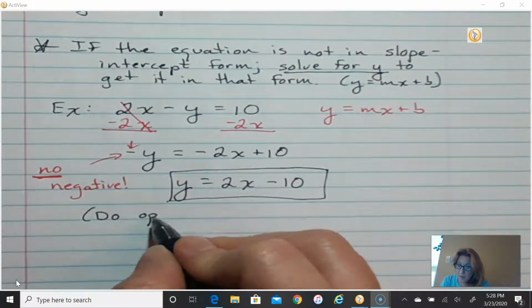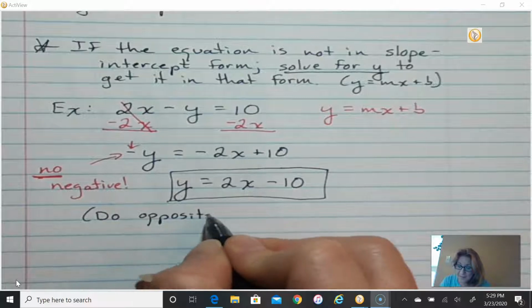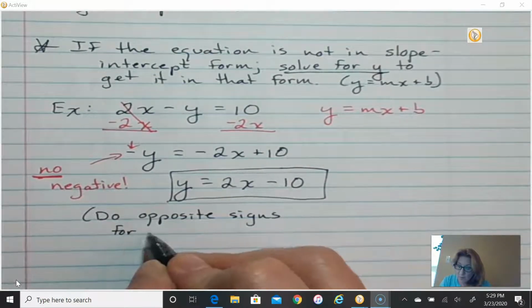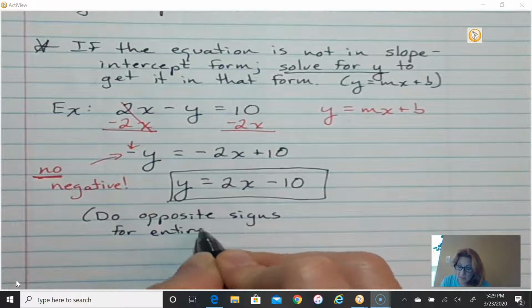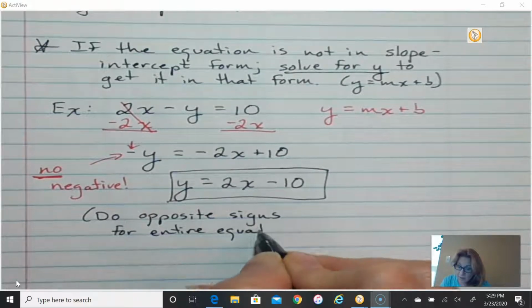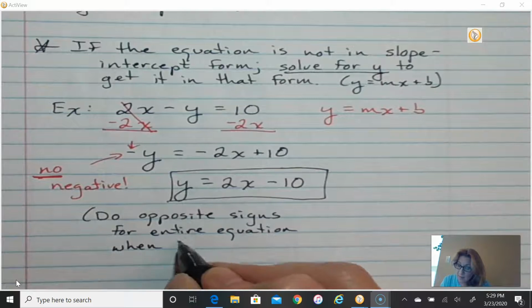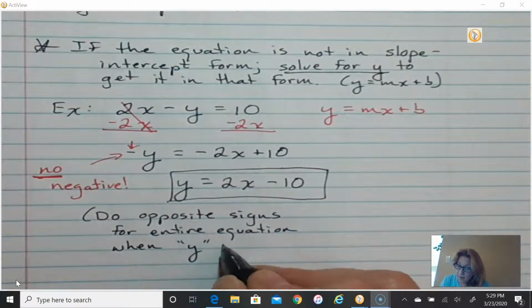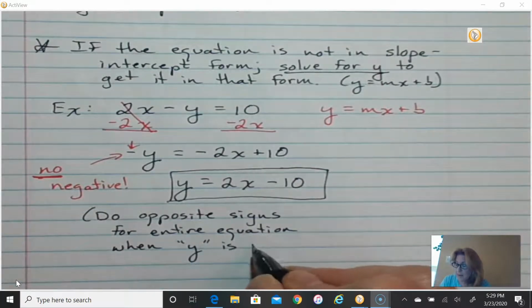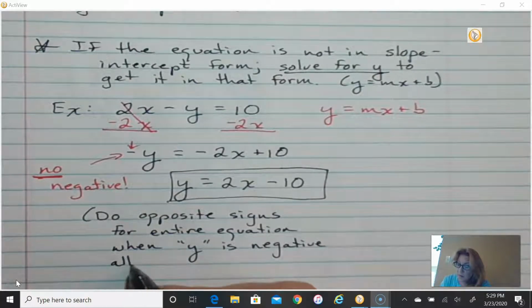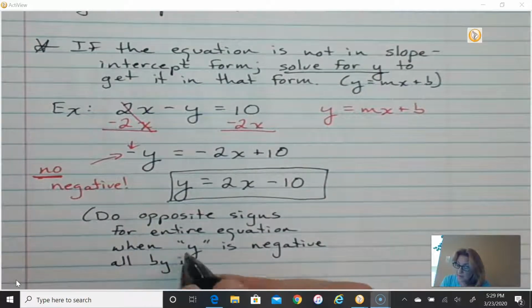Do opposite signs for the entire equation when y is negative all by itself.